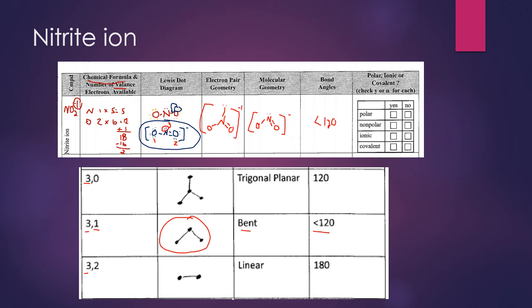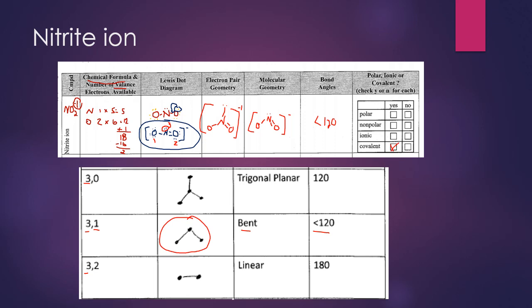So let's go to the last piece. Polar, ionic, or covalent, excuse me. You want to look at the molecule and answer all of these questions. First off, I'm going to start at the bottom and work my way up because the covalent and ionic ones are easier to figure out. I'm going to check yes for covalent because there are covalent bonds present.